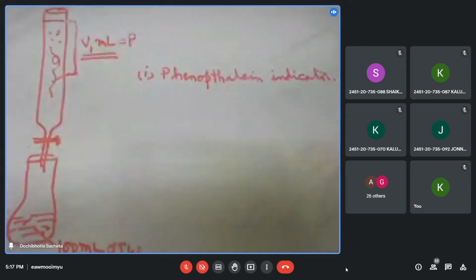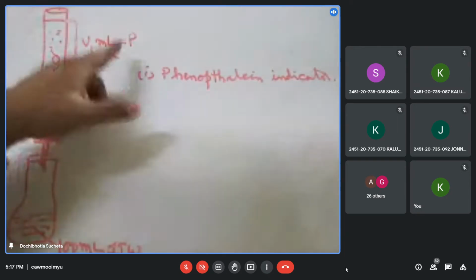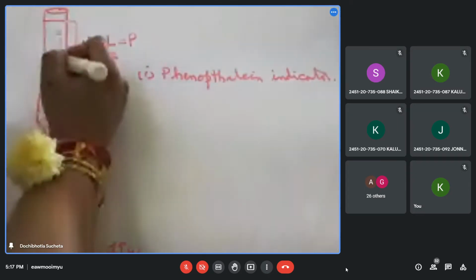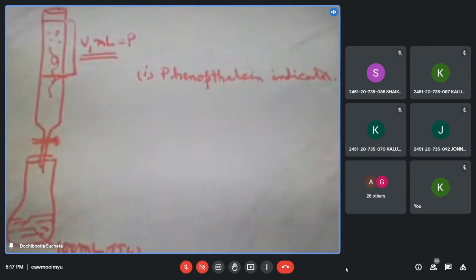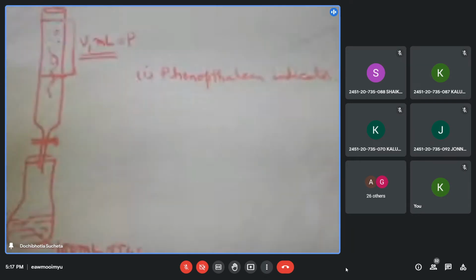What is the phenolphthalein endpoint? The HCl which got consumed for the color change of the indicator from pink to colorless.